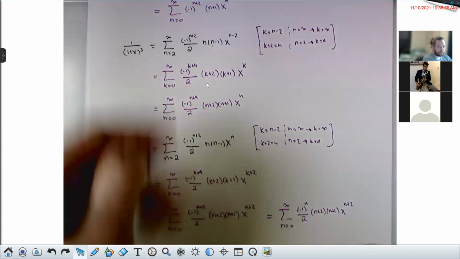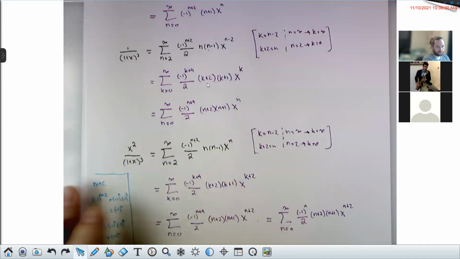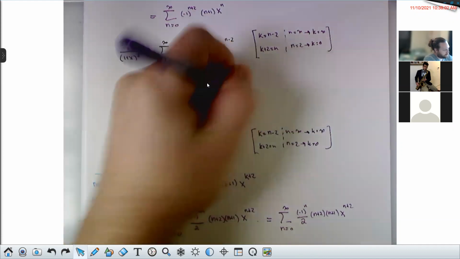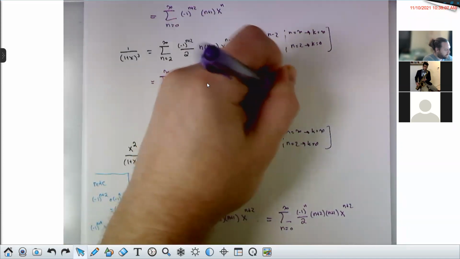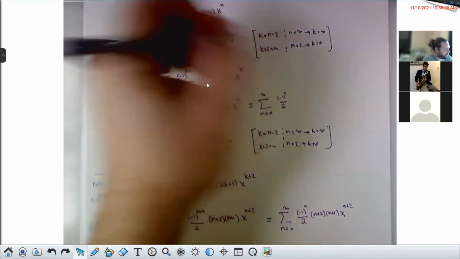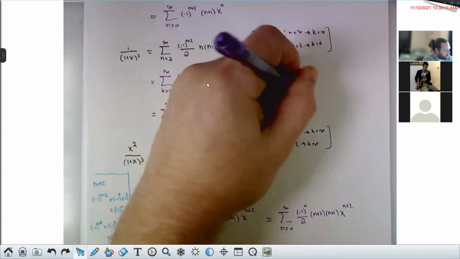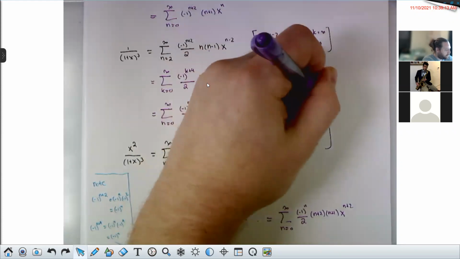And I can do the same in the other series as well. This would be sigma n from 0 to infinity, negative 1 to the n over 2, n plus 2, n plus 1, x to the n.